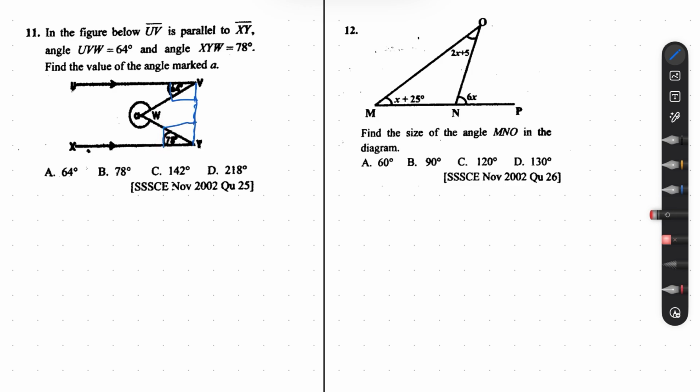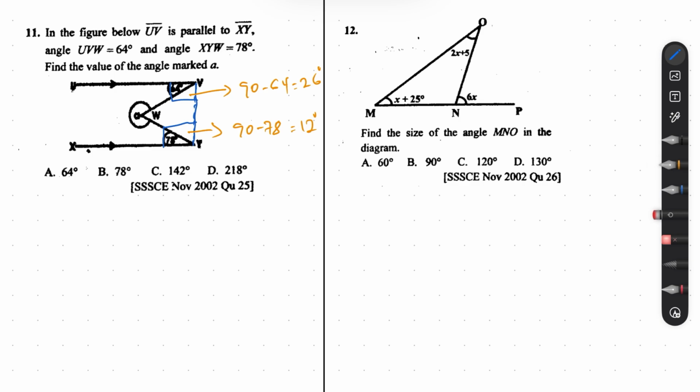So this angle right here is 90 minus 64, which is 26. And this angle here is 90 minus 78, which is 12 degrees.